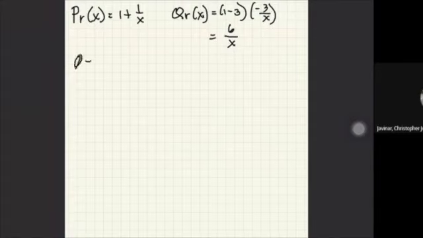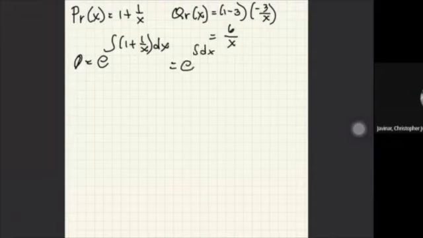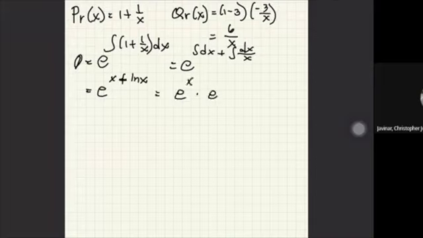Let's solve our integrating factor. E to the integral of dx plus the integral of dx over x. Okay. Or, to proceed, e to the x times, plus ln of x. That's, by the way, equal to x times e to the ln of x, or e to the x times x.